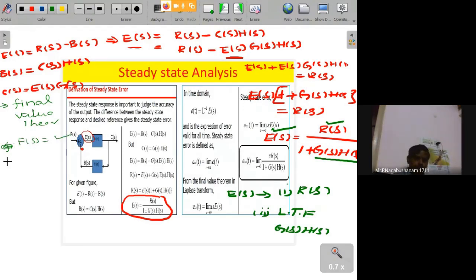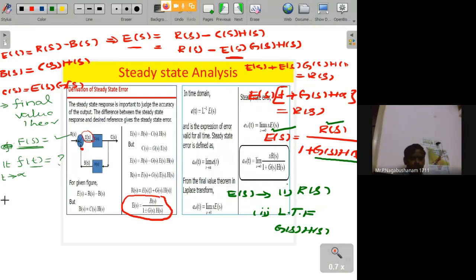They will ask to find the limit as t tends to infinity of f of t. What is the value of f of t as t tends to infinity? The given one is in the Laplace s domain, but they are asking in terms of the time domain.